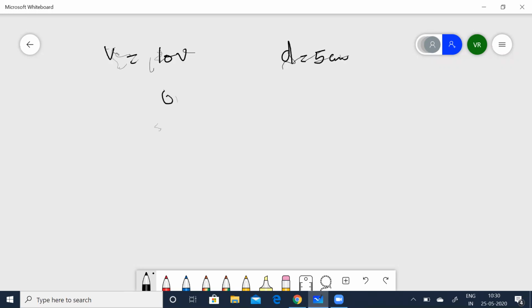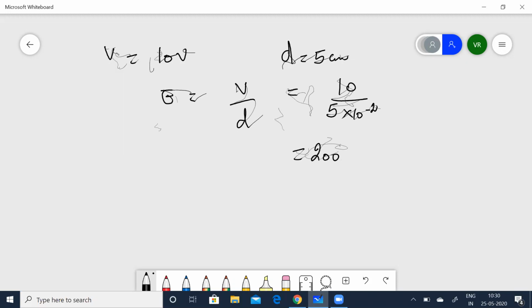Now, E is equal to V by D, which is equal to 10 divided by 5 into 10 to the power of minus 2 meters, we have now converted centimeters to meters. Okay. So when you calculate this, that gives you 200 Newton.